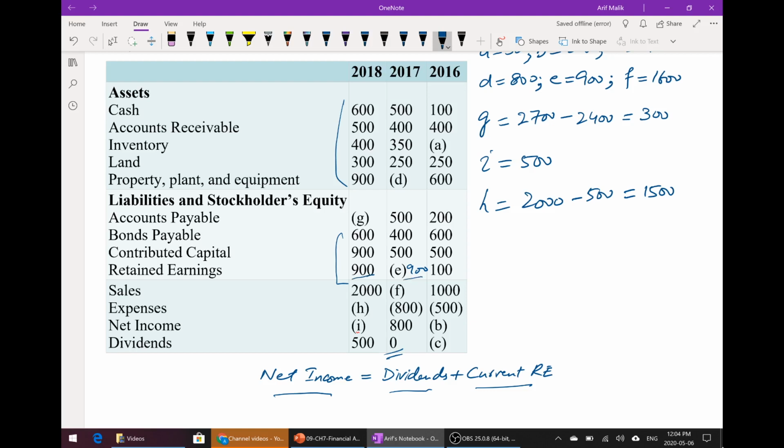So this means that the current annual retained earnings were 0. And since the current retained earnings are 0, then dividends is equal to net income. We have 500 dividends, so net income is also 500. That's why we got I is equal to 500. And then H is of course easy to work out.